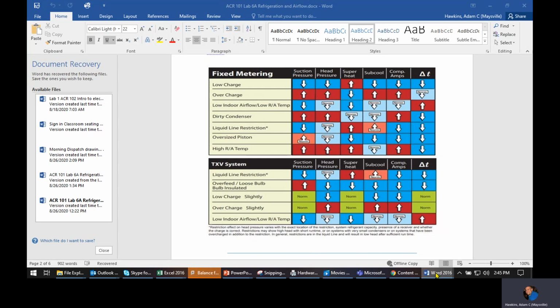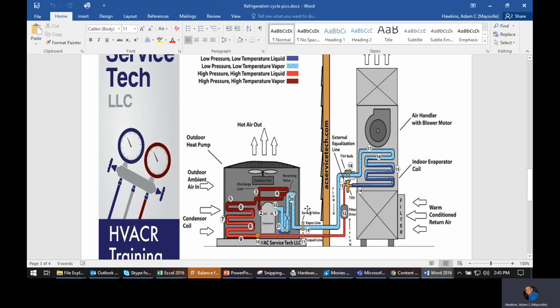All right, so why does it look like it's low? Well, let's go back to our picture here. So where are we getting the heat from in the first place? It's coming from the house, through the return, through the filter, hopefully there's a filter, and into the coil. Assuming that everything's clean, we should have enough air and enough refrigerant that the system is matched to the load.